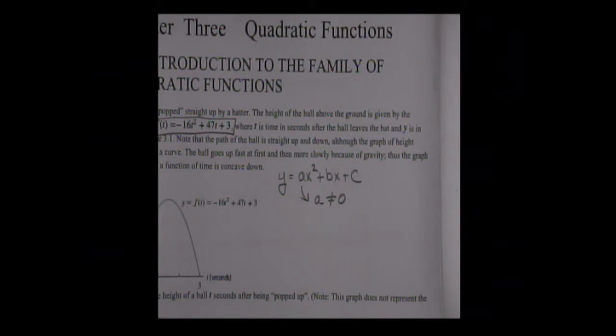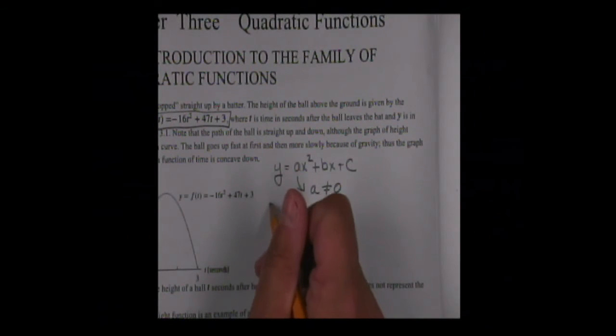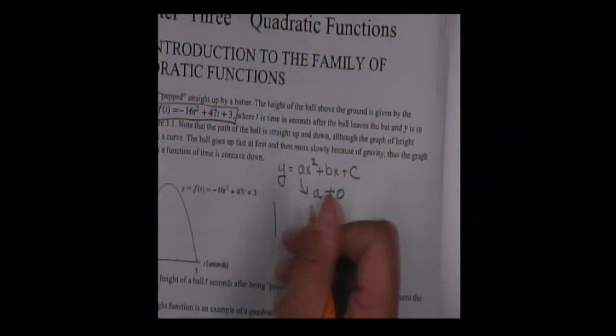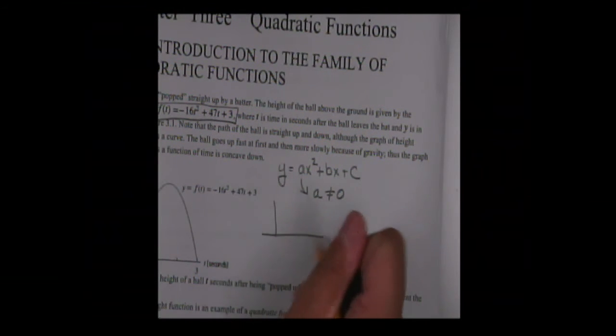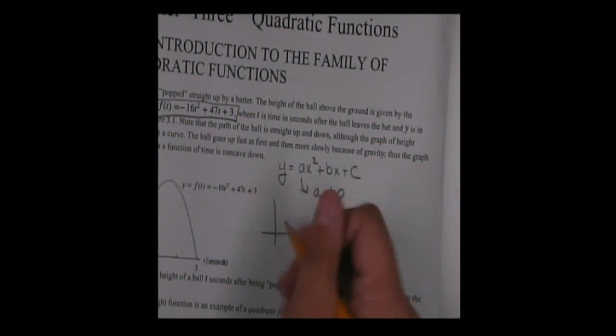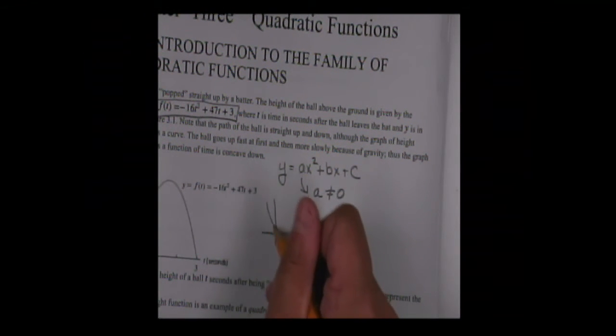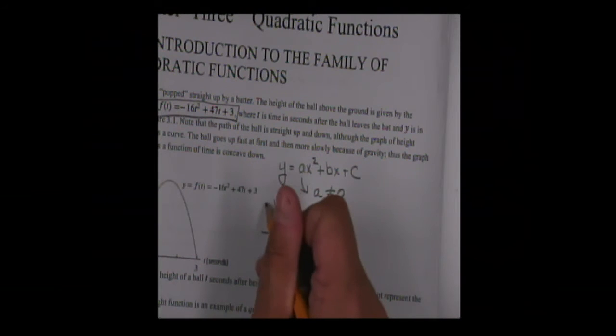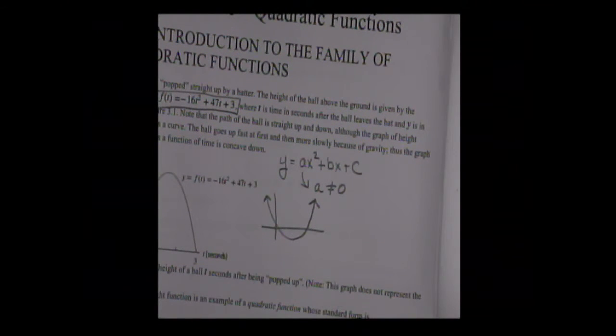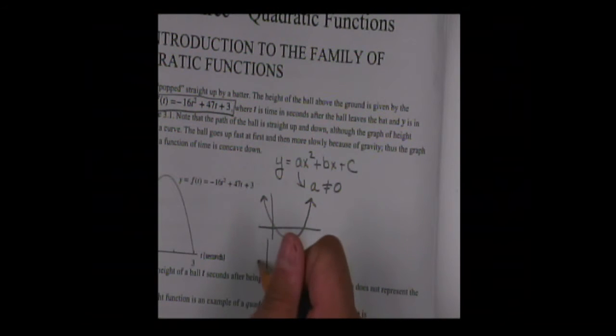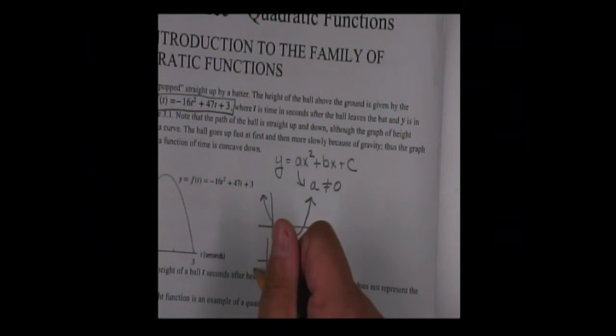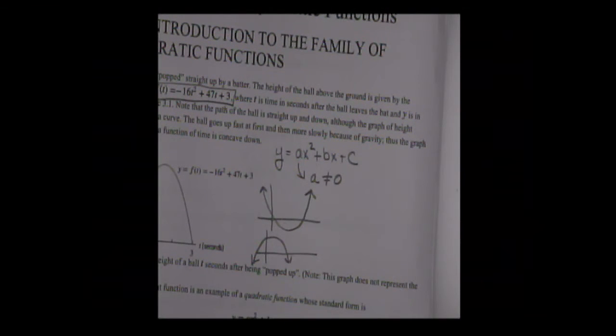Hopefully you remember, quadratic functions generally have 3 things that can happen. They can look something like this. I'm going to draw another one below it. These two are the same situation. They could look like this or this.